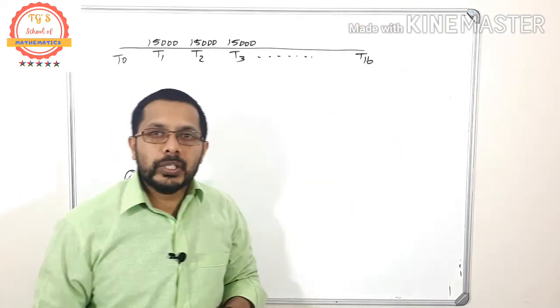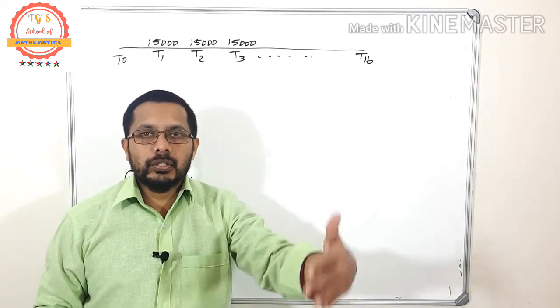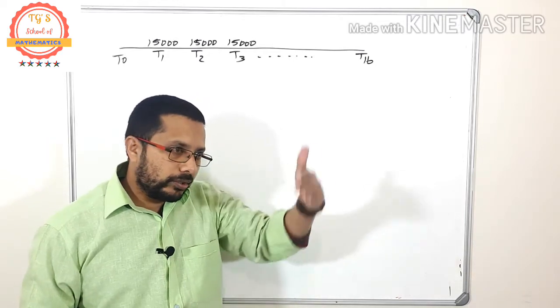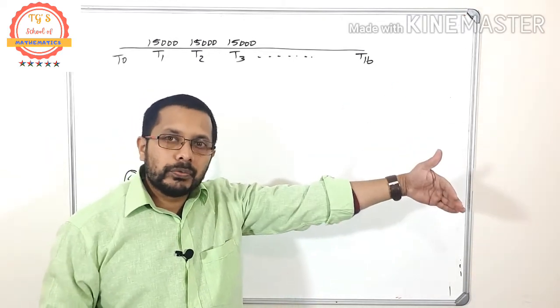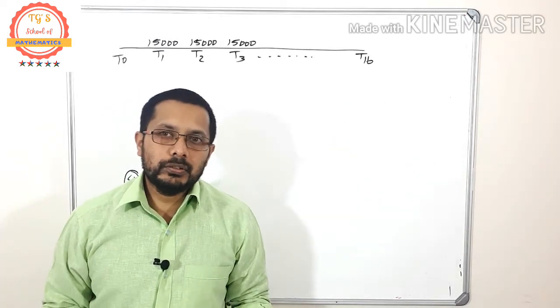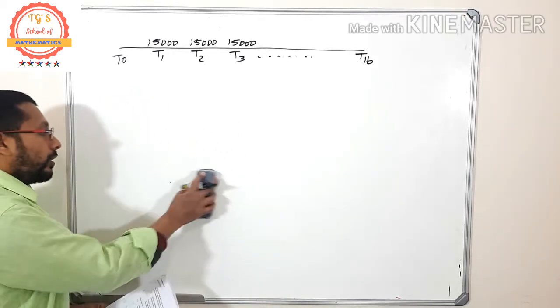Every 3 months she is depositing 15,000, 15,000, 15,000 like that. If she does that for the next 4 years, how much will be in her account after 4 years?